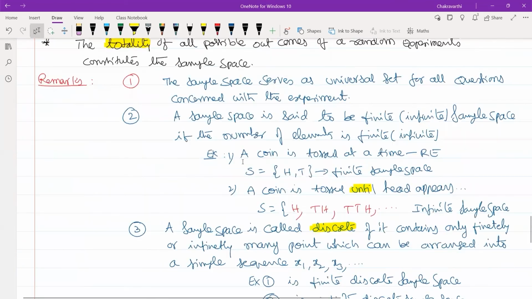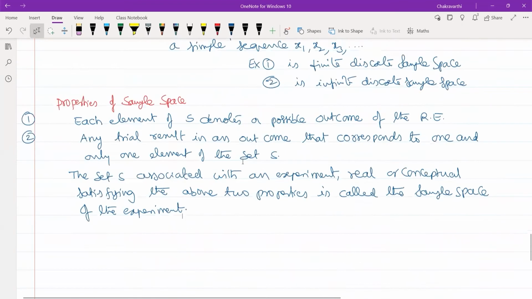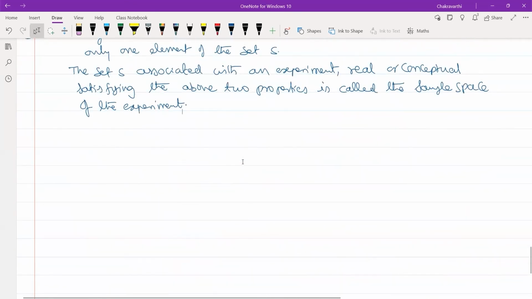To understand all these concepts of the sample space, we have to take some illustrations. These are very, very important. Some illustrations of the sample space.